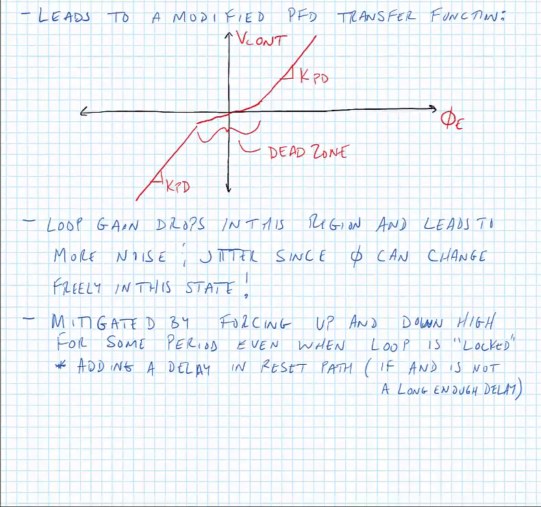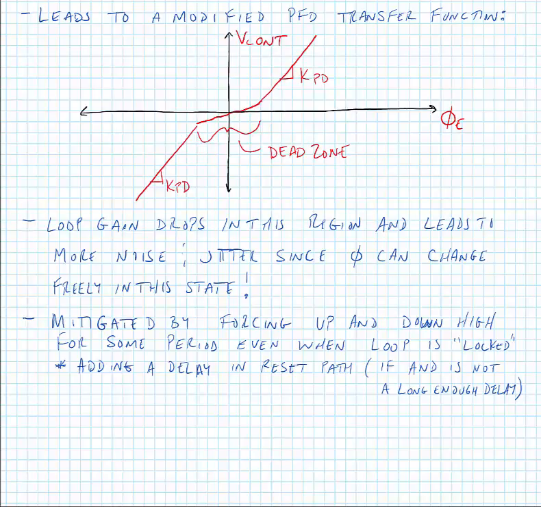Okay, and what we see in this region is that the loop gain drops down to a very small value, potentially even 0, and because the PLL can't respond to phase errors in this range, the phase can just drift freely, and it leads to more noise and jitter in the output.